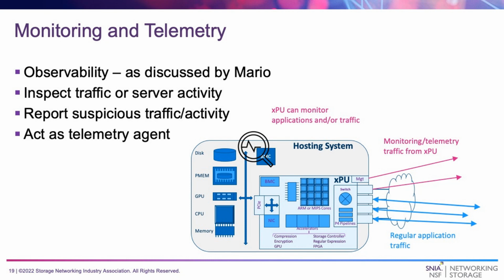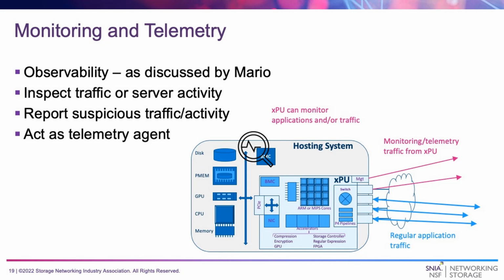And normally an external firewall or external inspection device or external switch cannot see the traffic going on between the virtual machines or between the containers inside the server. But an xPU can, and that gives it the advantage because it's able to see all the traffic inside the server and outside the server, going in and out of the server, as well as accelerate that traffic so it can monitor more of the traffic more quickly without burdening the CPU.